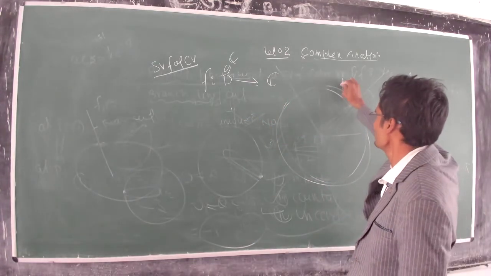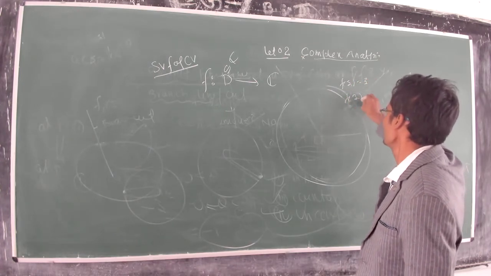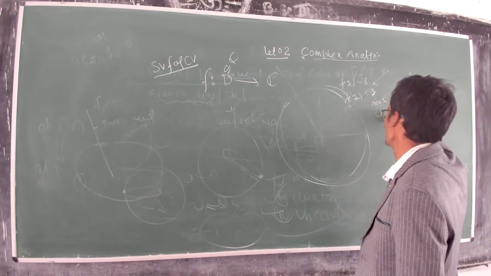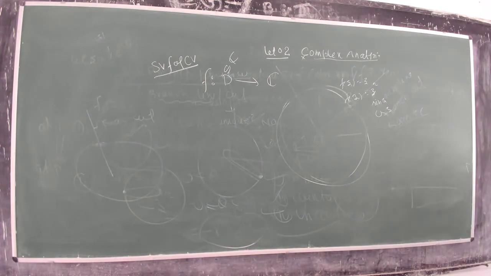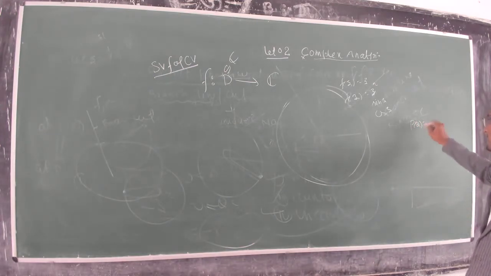For example, we had seen yesterday f of z is equal to z, f of z is equal to z square, sin z, cos z, and many more. These are single value functions of complex variable. Another example is any polynomial P(z) of finite degree, which is also an example of a single value function of complex variable.